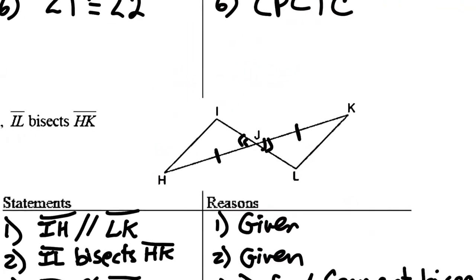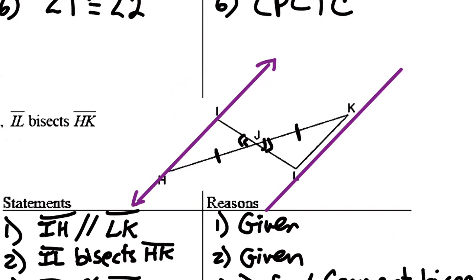But if we imagined that these line segments were part of a bigger diagram, where you had two actual parallel lines that were cut by a transversal, it might be a little easier to see. All right, so these are my two parallel lines. And well, the relevant transversal could be whatever you want it to be.